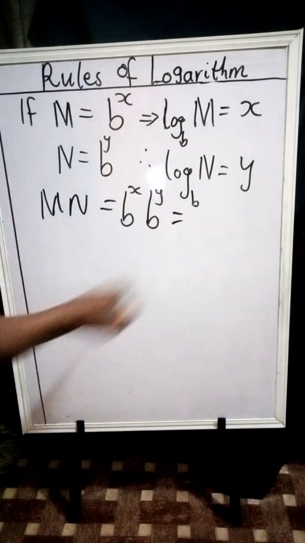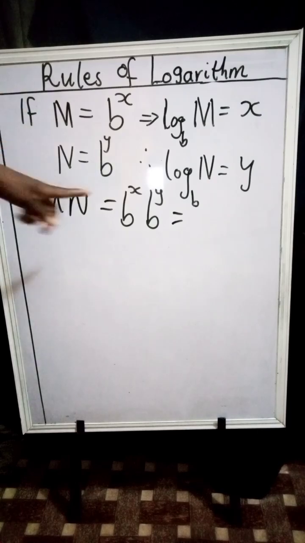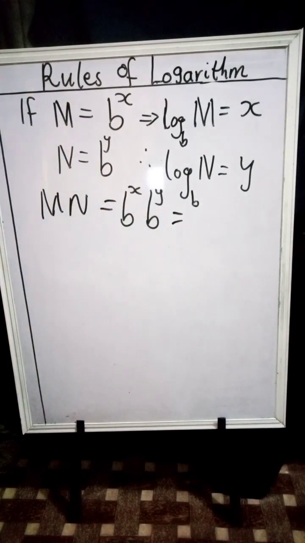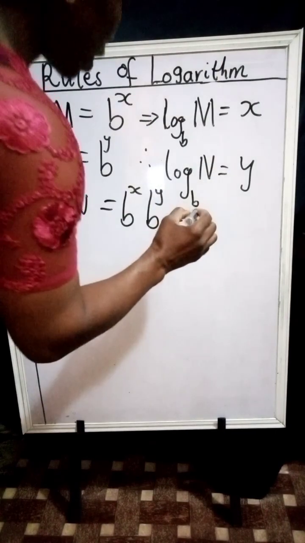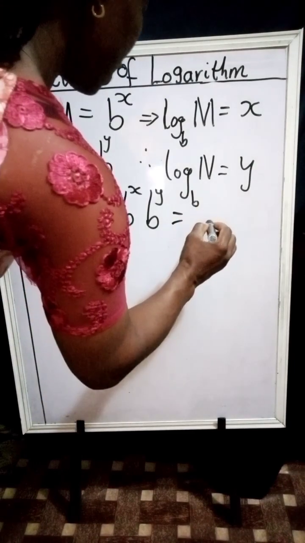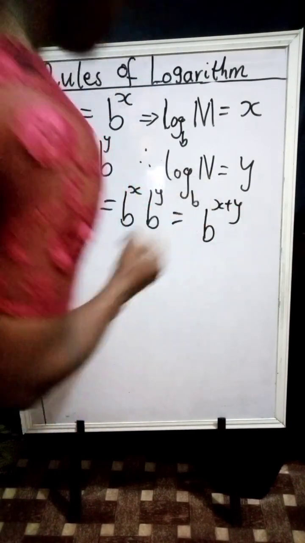Remember our first rule in the rules of indices: when two numbers of the same base are multiplying each other, the powers will be added. In such case, mn is the same thing as b to power x plus y.